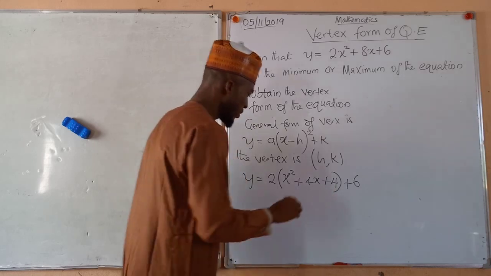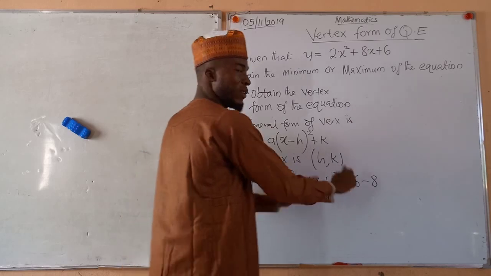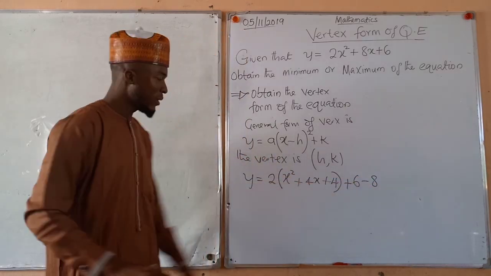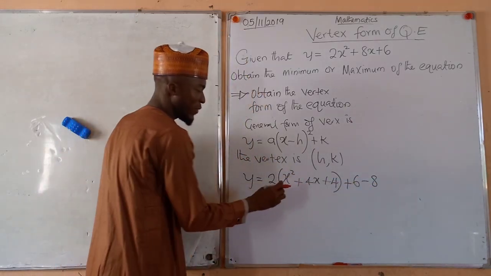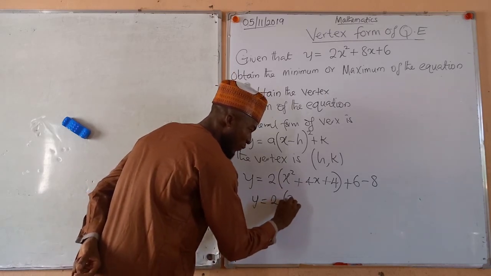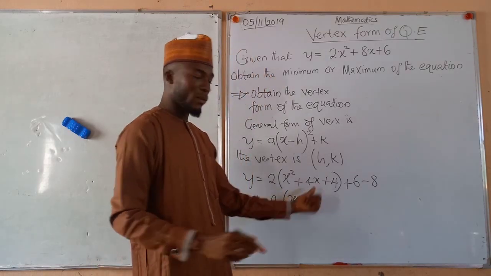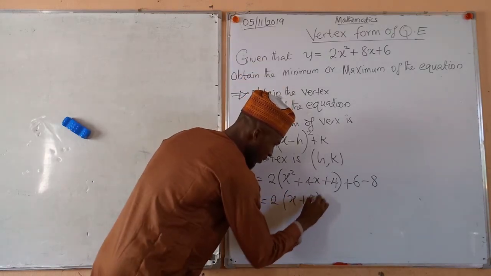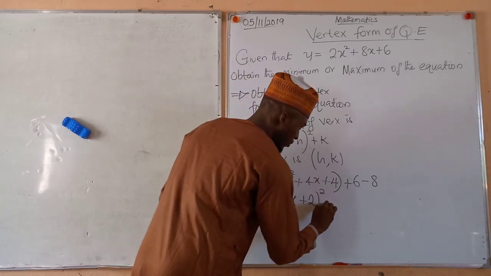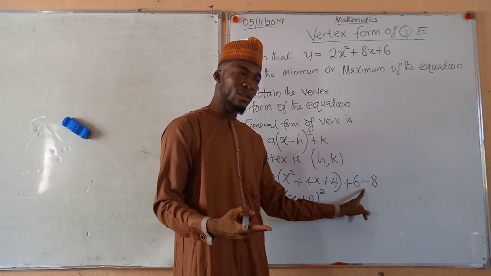Minus 8. So to transform this into a perfect square, we have 2 in bracket of x plus half of the coefficient of x, which is 2, squared, minus 2.